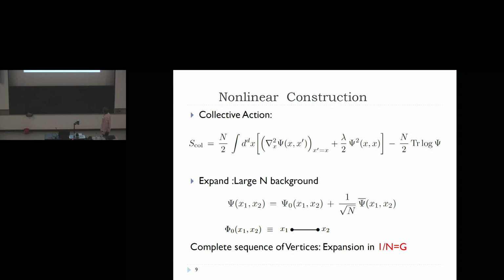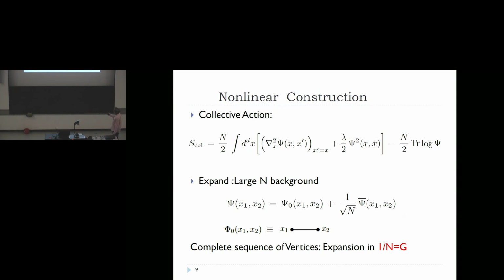So in a way, for that case of Vasiliev's, when one says that there is no action for higher spin theory, this is a candidate. This is an action for physical degrees of freedom of higher spin theory. 1 over N is the coupling constant.